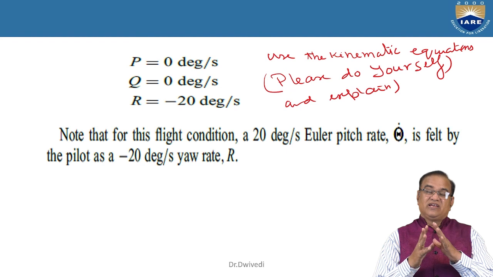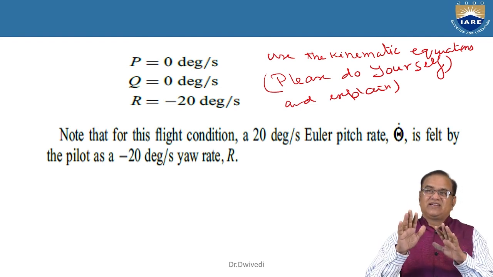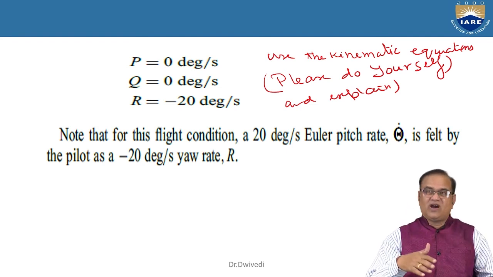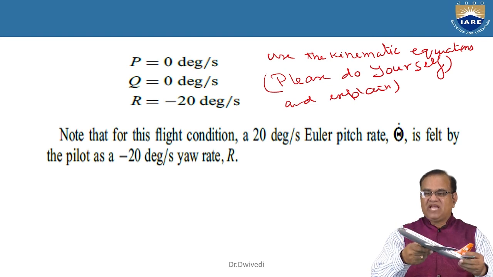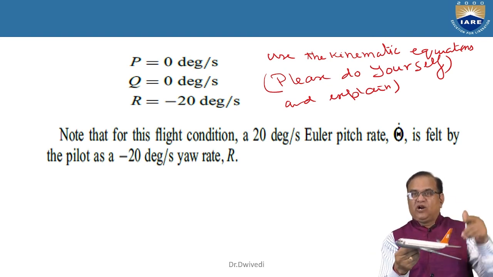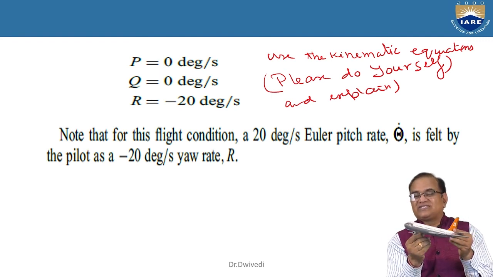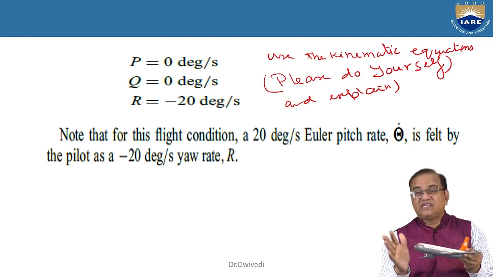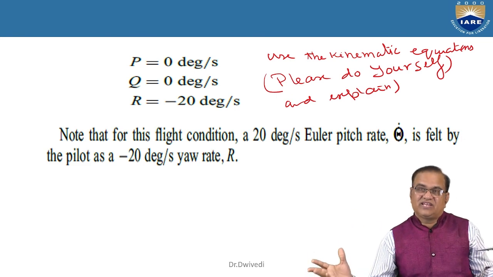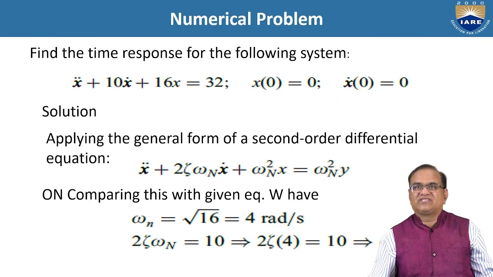So if you are pitching in the earth axis like this, and minus is towards the left, the pilot is feeling that the aircraft is going towards the left side. That is the difference between the earth axis system and the body axis system.